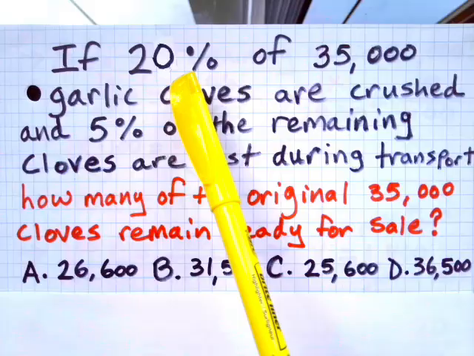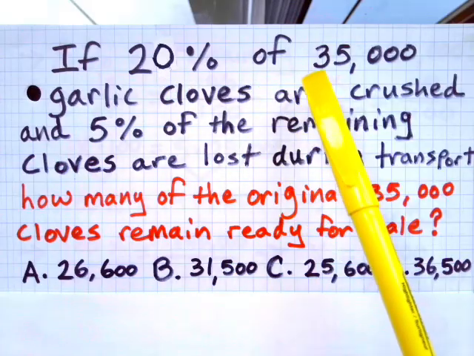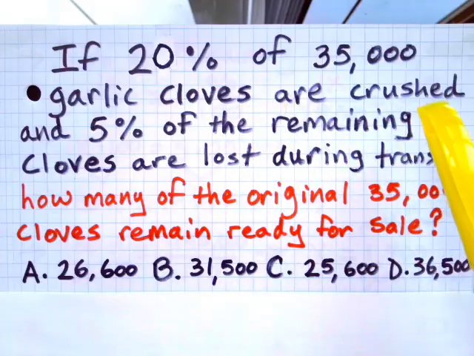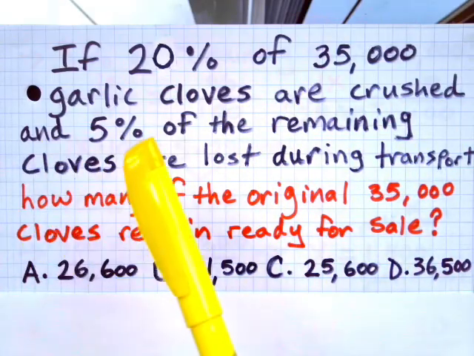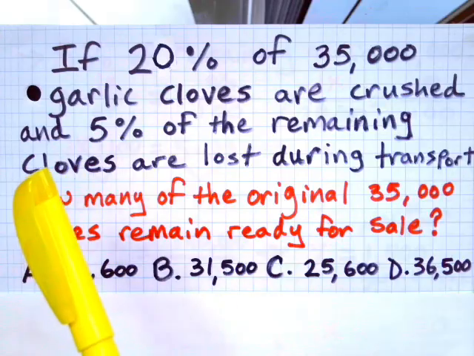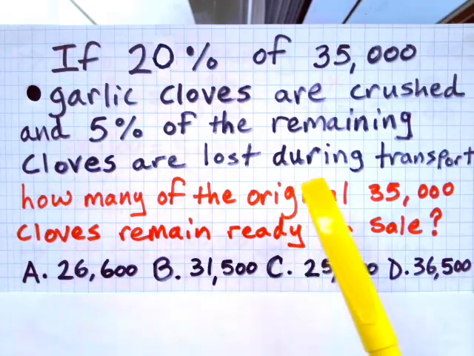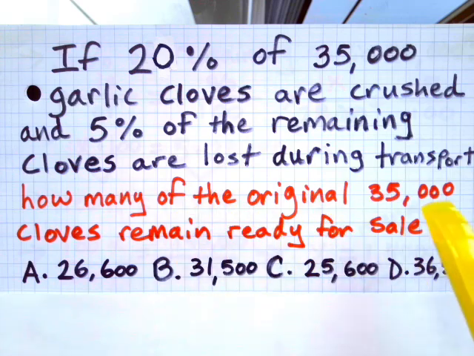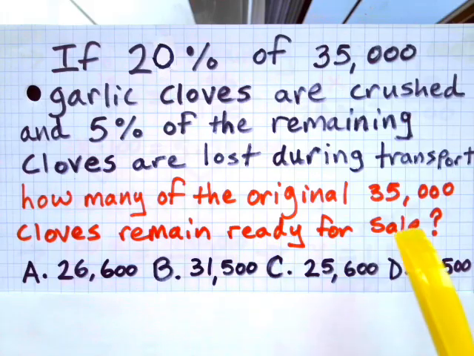If 20% of 35,000 garlic cloves are crushed, and 5% of the remaining cloves are lost during transport, how many of the original 35,000 cloves remain ready for sale?